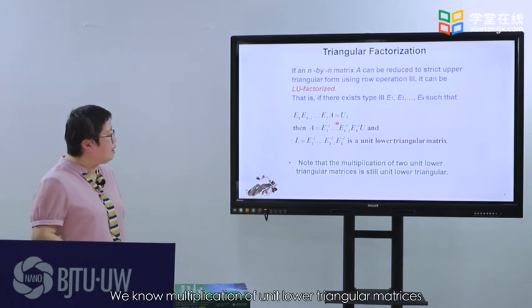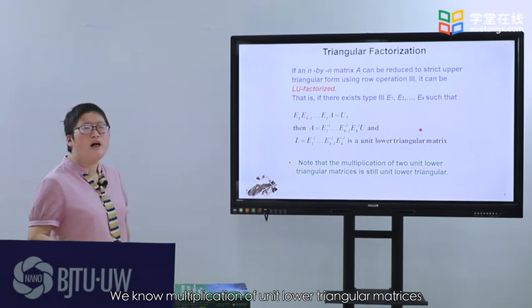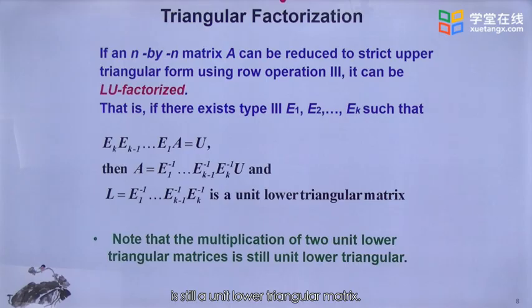And we know the multiplication of unit lower triangular matrices is still a unit lower triangular matrix. So we can get this LU factorization.